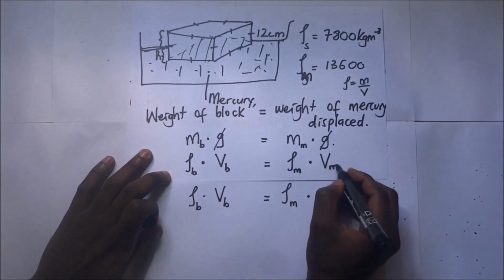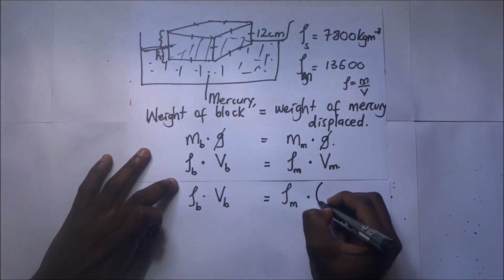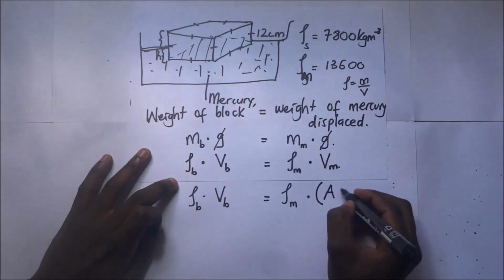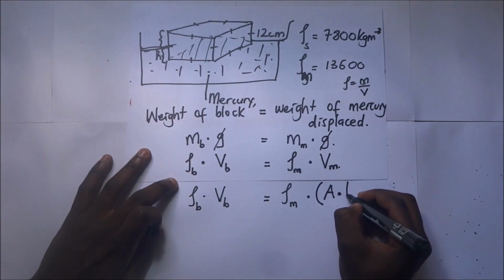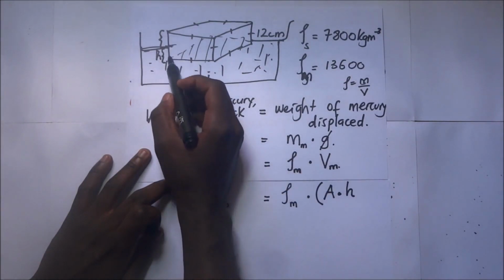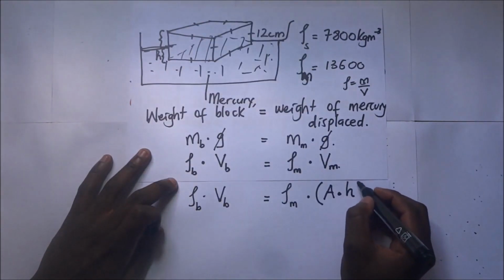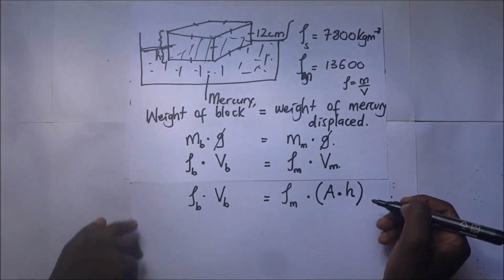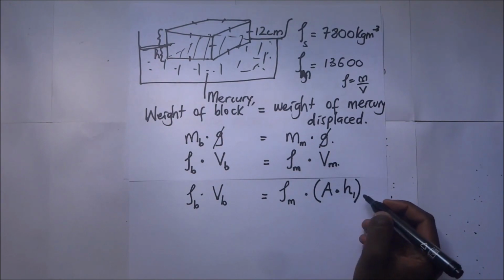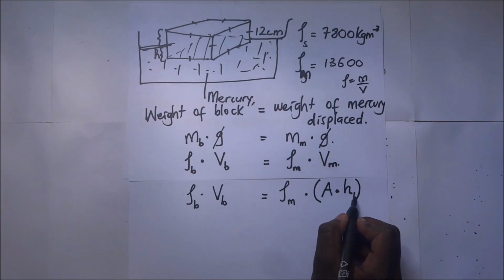So the volume of the mercury that has been displaced is equivalent to the cross-sectional area of this cube multiplied by the height of the block that has sunk in. So to get the height that has sunk in, let's call it H1.